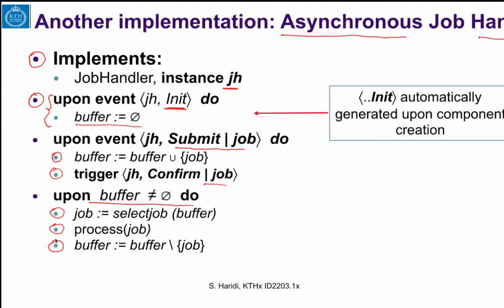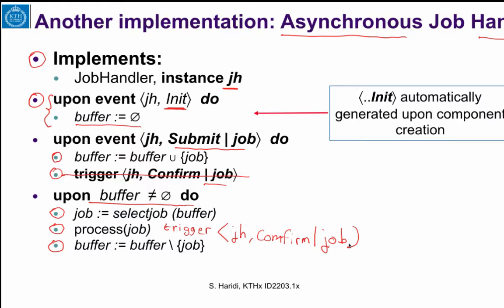Another possible implementation, which still satisfies the specification, is to delete the confirm triggering here, the output event, and actually do it only after the job is processed. So you have here trigger, again job, here is JP confirm job.